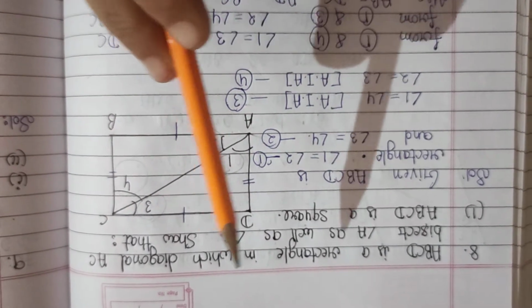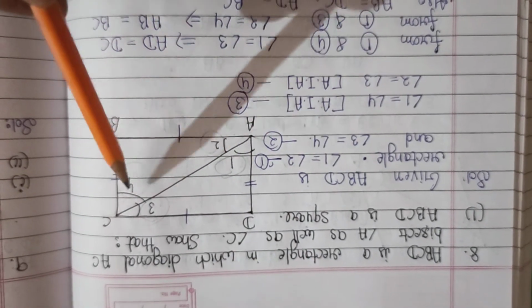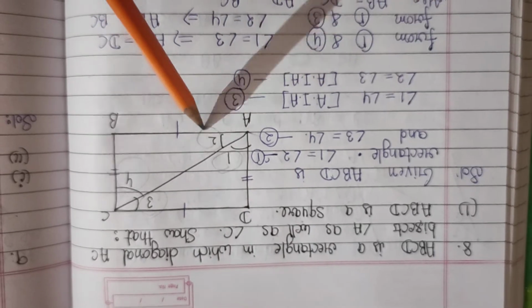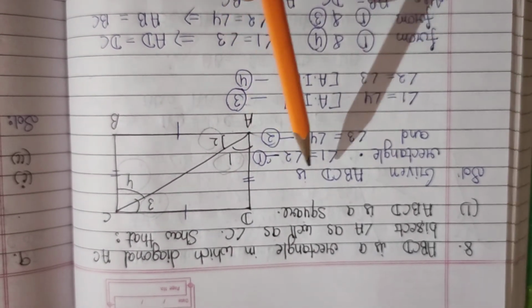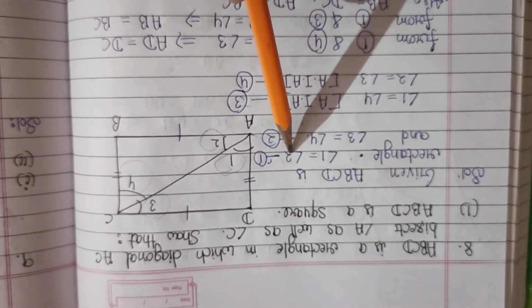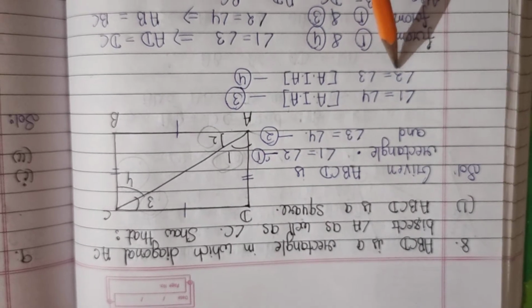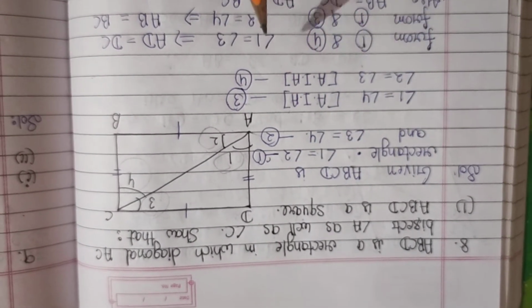ABCD is a rectangle and a rectangle is a parallelogram. So angle 1 is equal to angle 4 and angle 2 is equal to angle 3, alternate interior angles. Now from equation 1 and 4, angle 1 is equal to angle 2, angle 2 is equal to angle 3. Angle 1 is equal to angle 3.